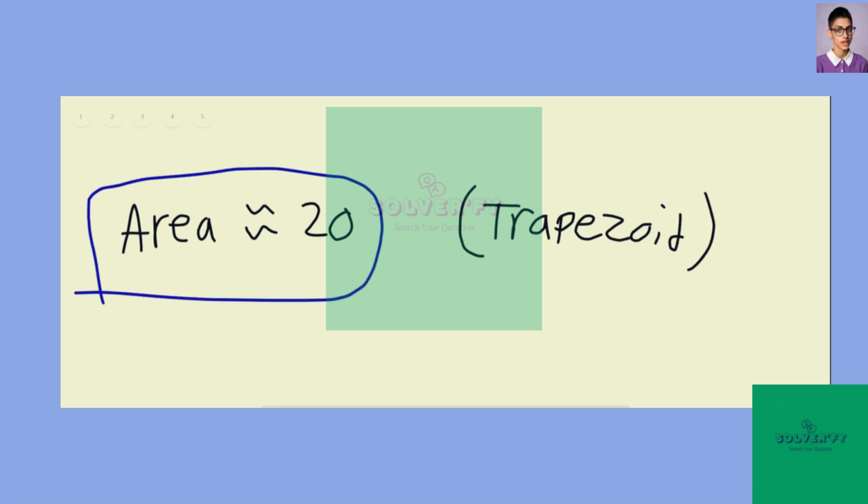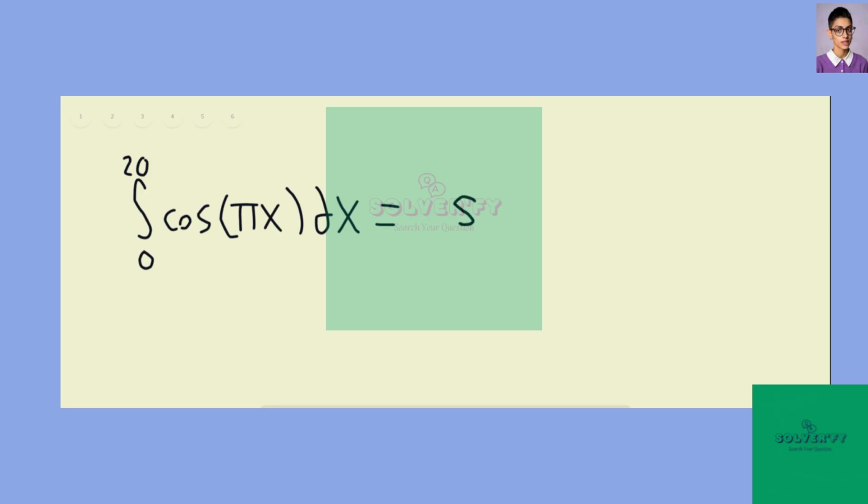But now let's see what the actual result is. Integral from 0 to 20 of cosine of pi x dx is, well, the antiderivative of cosine is sine, and then we have to divide by the chain rule factor of pi.